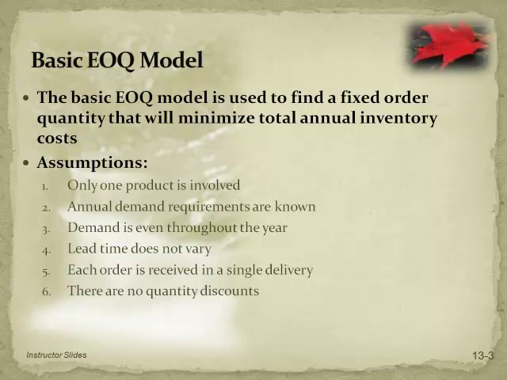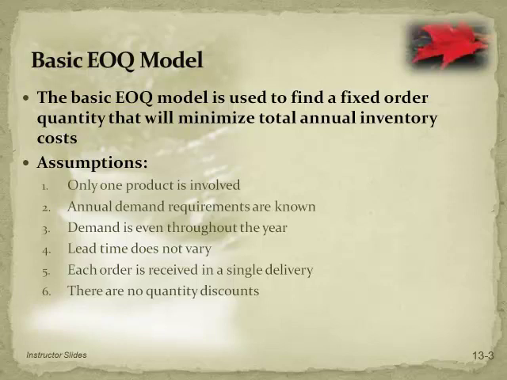Another assumption is that the demand for this particular item is even throughout the year. In other words, it's constant. We have a constant demand every day, every week, every month. And again, having a demand that is even is a difficult thing to really identify. Also, we assume that there's no variability in the lead times.